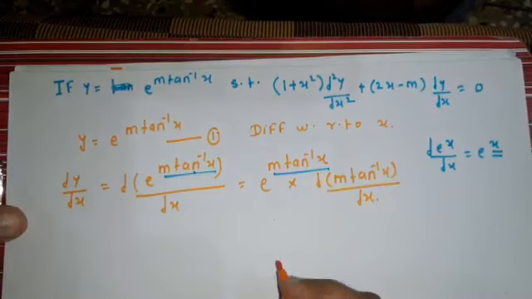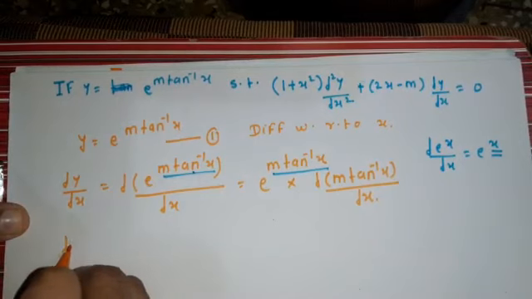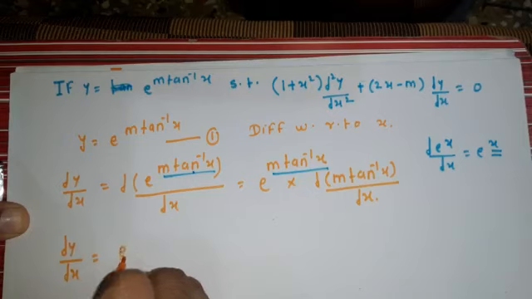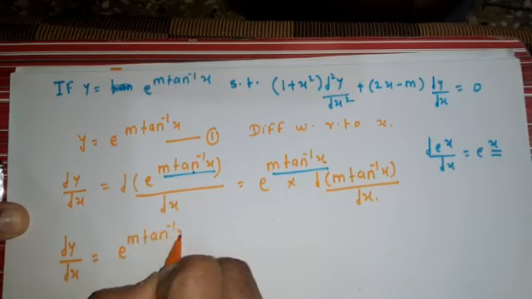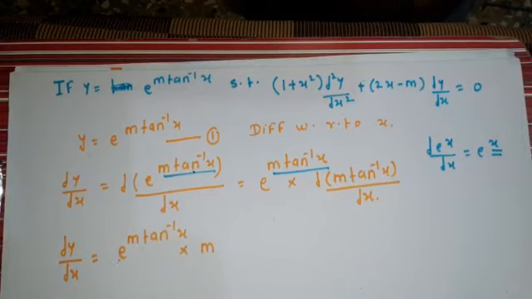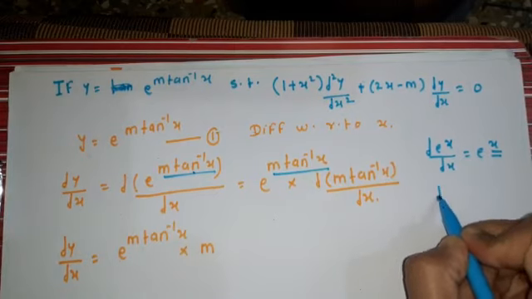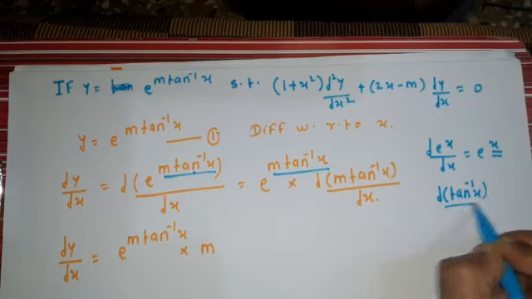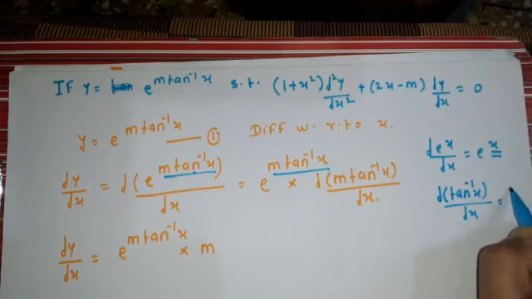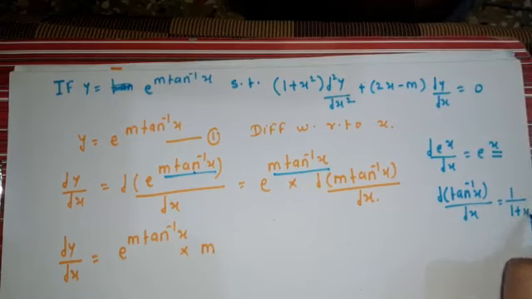Therefore dy by dx equals e raised to m tan inverse of x into m, as a constant, times the differentiation of tan inverse of x. You know the formula: the differentiation of tan inverse of x with respect to x is 1 upon 1 plus x square.